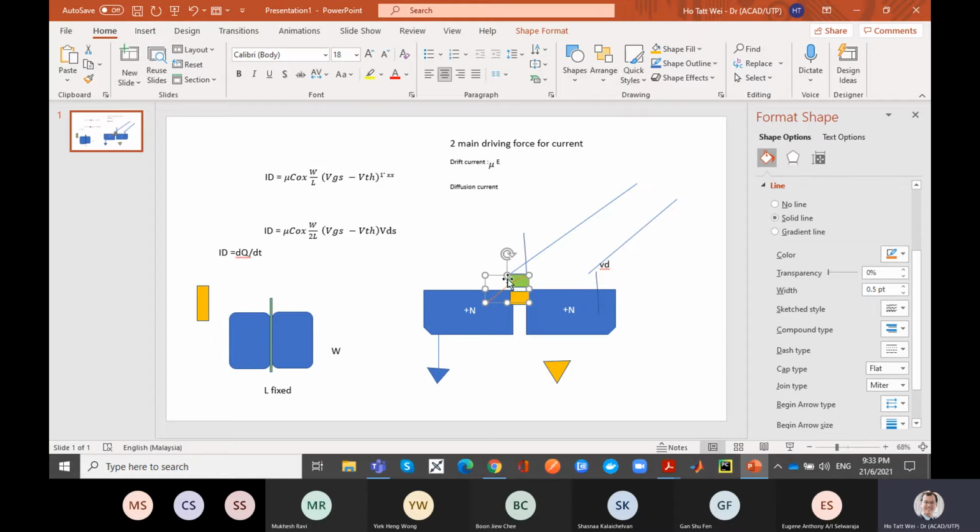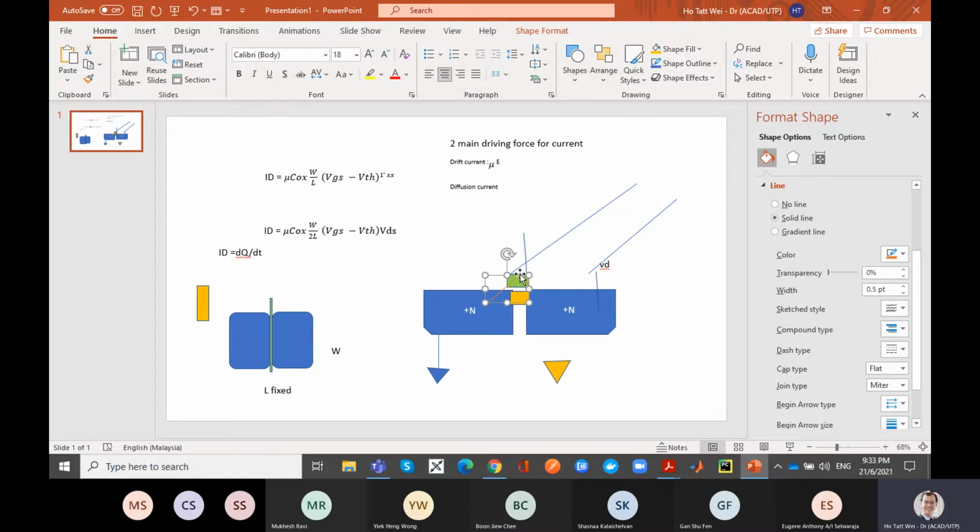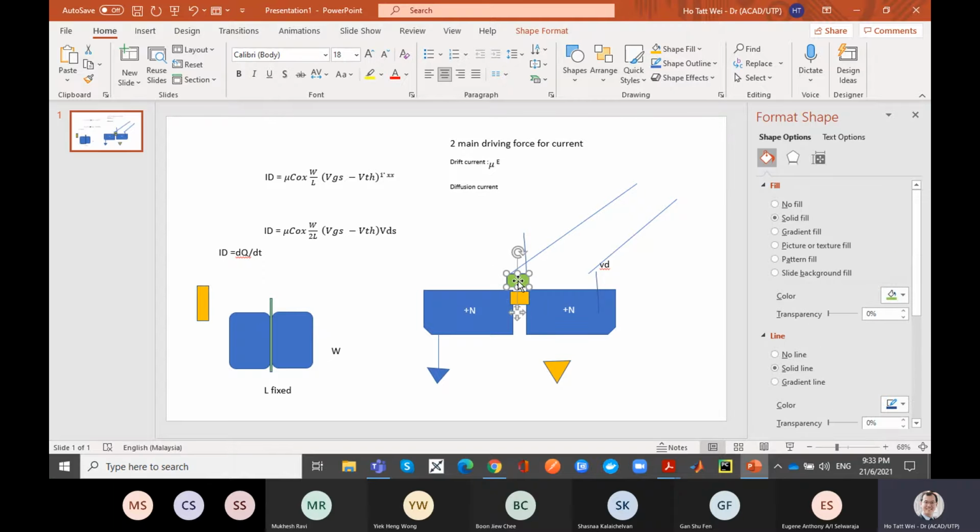Because again, this is just a few nanometers thick, right? So it's very, very thin, and this oxide also is a few nanometers thick. So this is a conductive layer. There's free electrons here. Even though it's not metal, there are free electrons here. This green gate, right? It's a conductive layer.